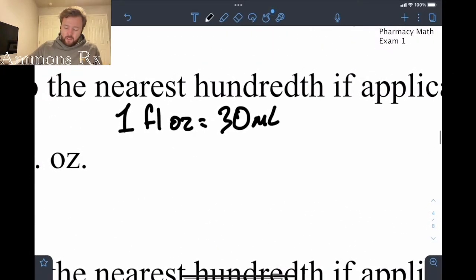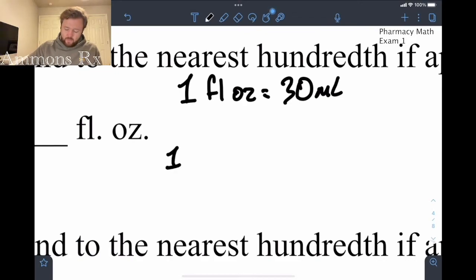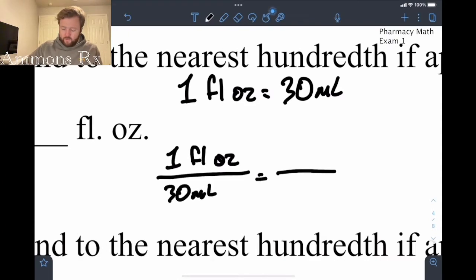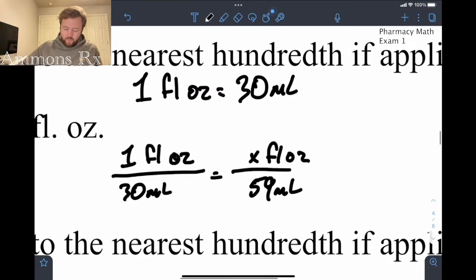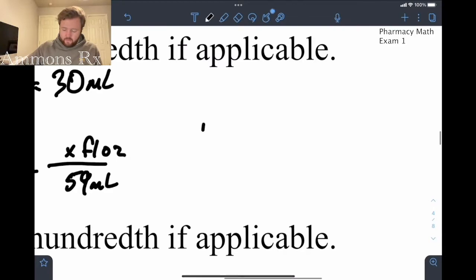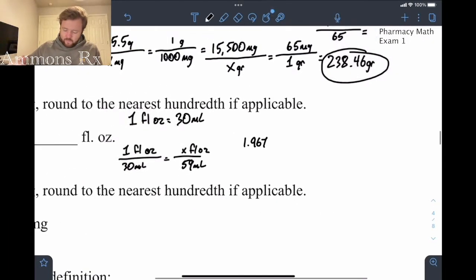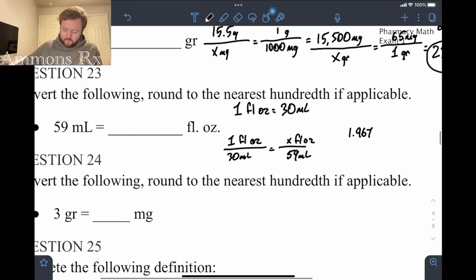But if you really want me to get it exactly right, it's 1 fluid ounce, 30 mils, and then we have X fluid ounces and 59 mils. So 59 divided by 30 is 1.967 fluid ounces, or we will just call that 2.